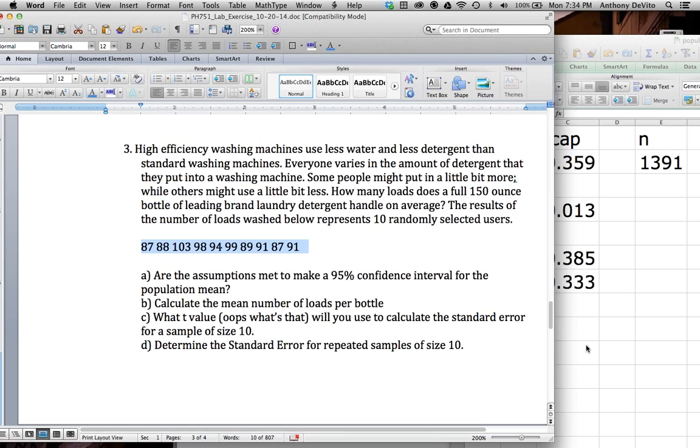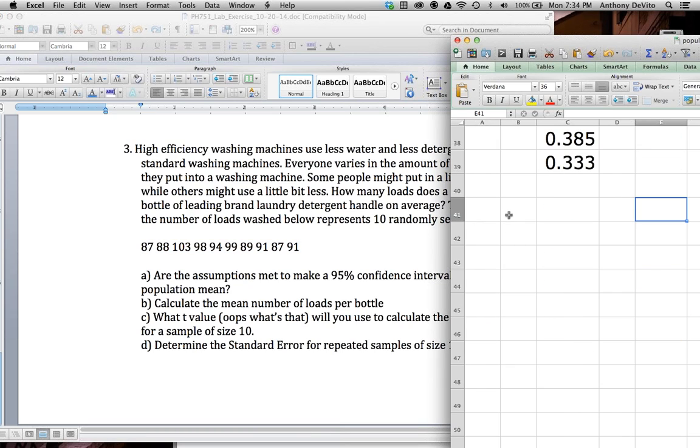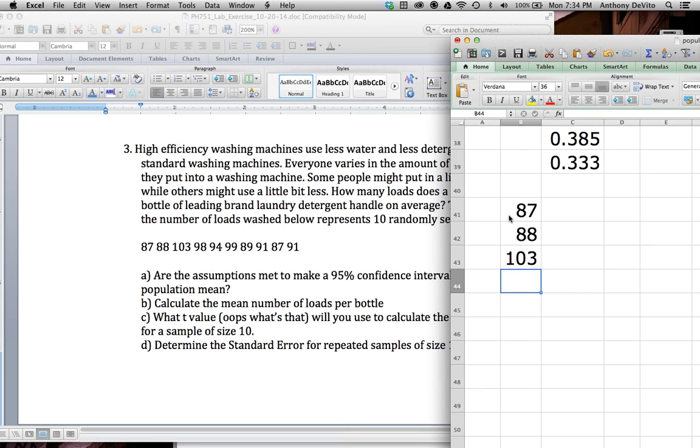So I'm going to put these 10 numbers into Excel. You guys can do it also if you want. 87, 88, 103, 98, 94, 99, 89, 91, 87, 91.